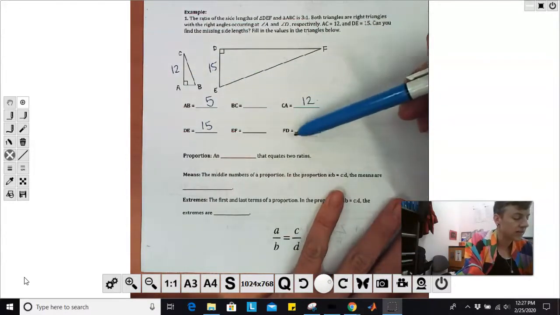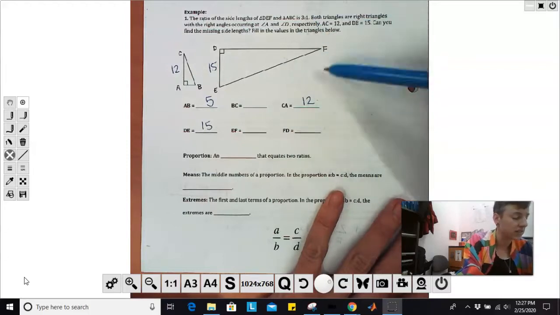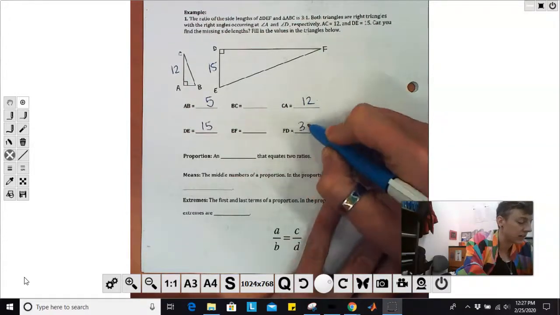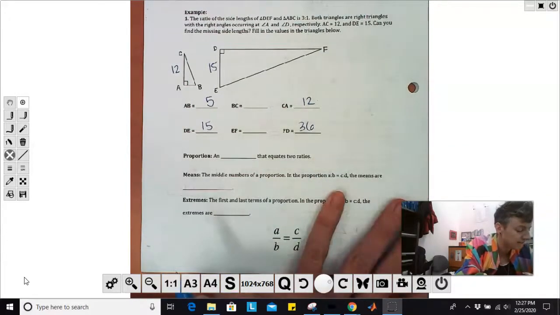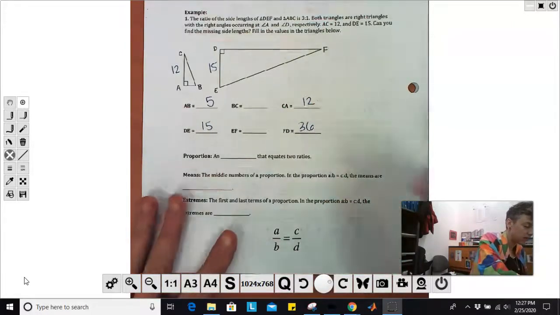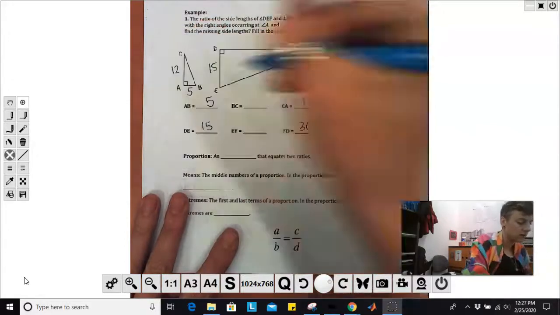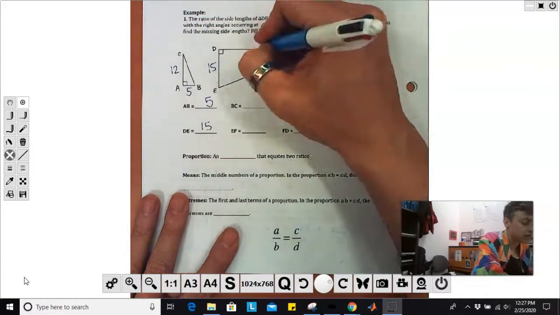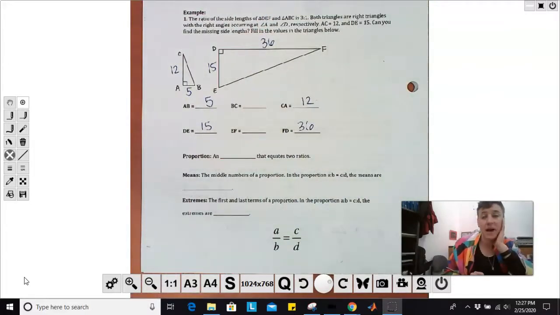So we know FD is 3 times as big as CA. So FD is 3 times 12, which is 36. Let's label the things that we know. Now we have AB is 5. FD is 36. Now we need to find the hypotenuse of each side.